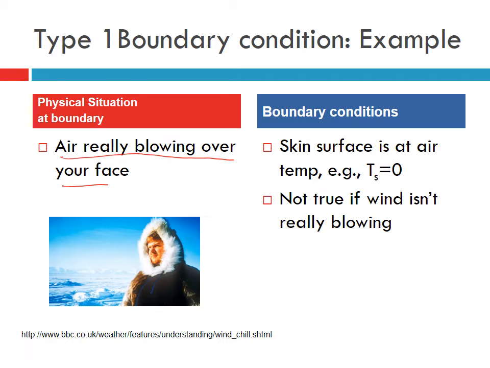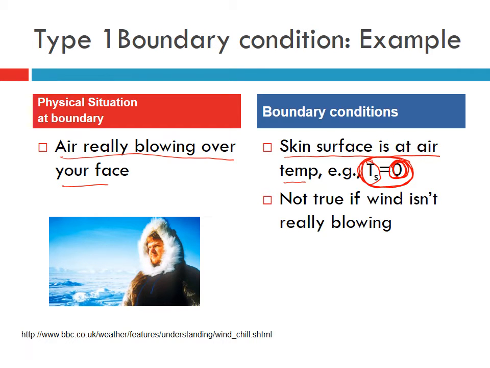Another example, physical situation: in the winter, air is really blowing over your surface. I mean really blowing, not just a mild breeze. Then we can consider the skin surface to be at air temperature. Notice what we are getting at is that in this case as well, the surface temperature is known.